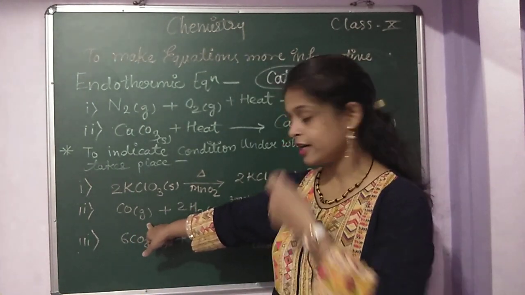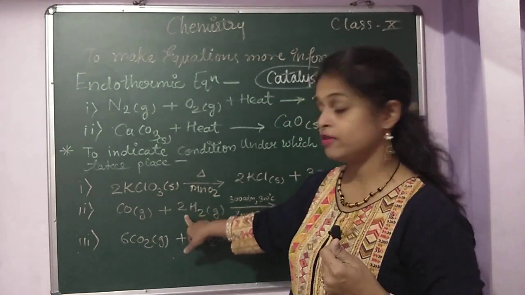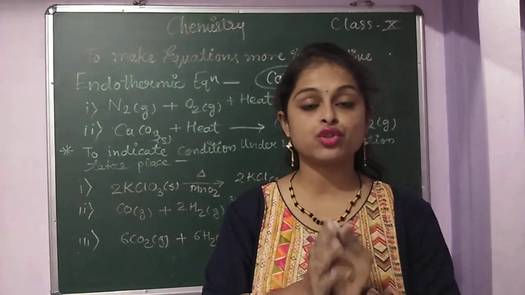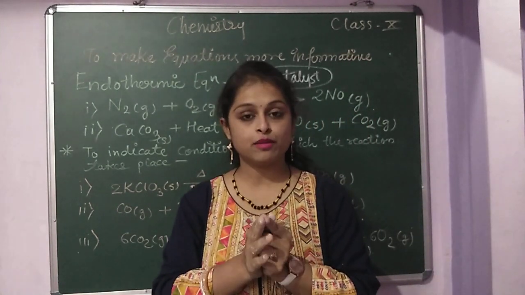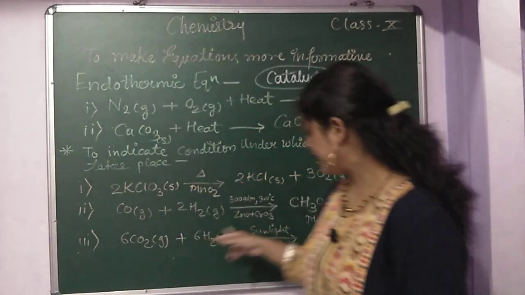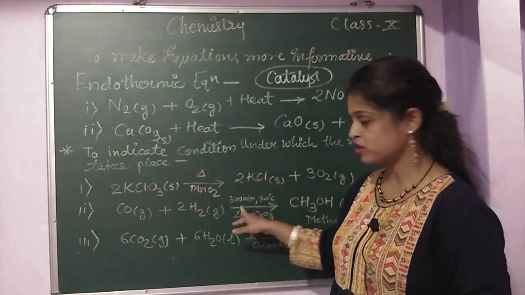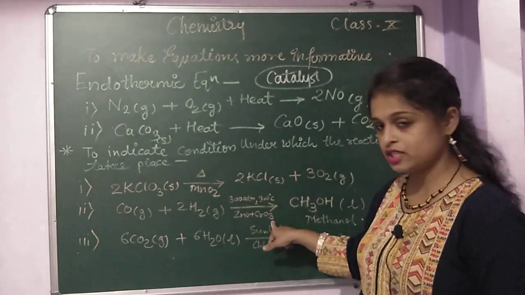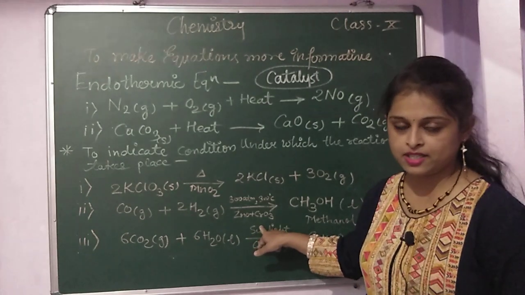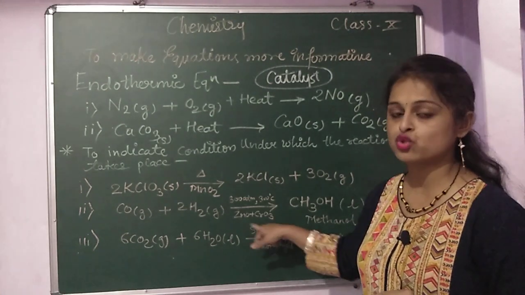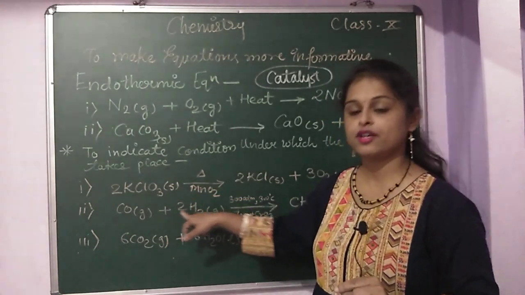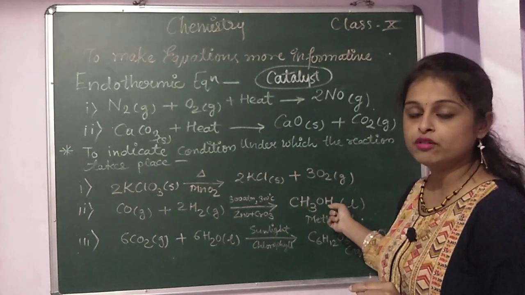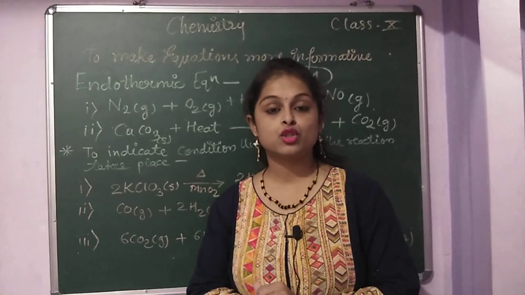Now this carbon monoxide is there in a gaseous form. When carbon monoxide and hydrogen gas combine at 300 degrees Celsius and 300 atmospheric pressure, this ATM stands for atmospheric pressure, with zinc oxide plus this one standing as a catalyst, they work as a catalyst which helps us to complete the reaction. When carbon monoxide and hydrogen gas react, they give methanol in a liquid form. Is it clear? So this is simple.